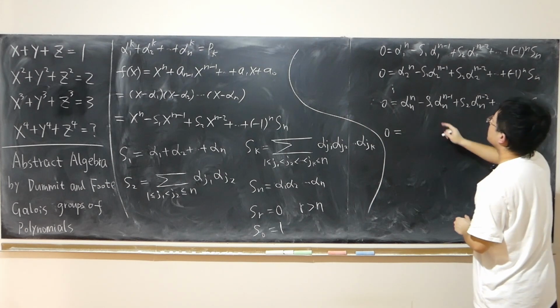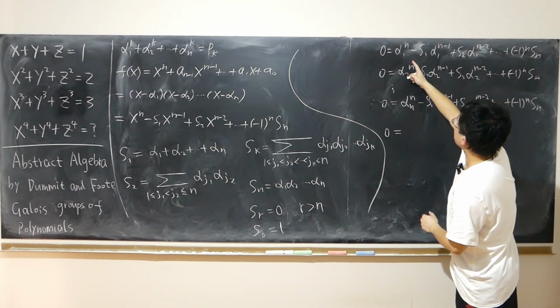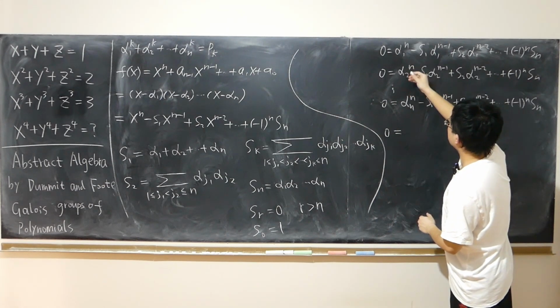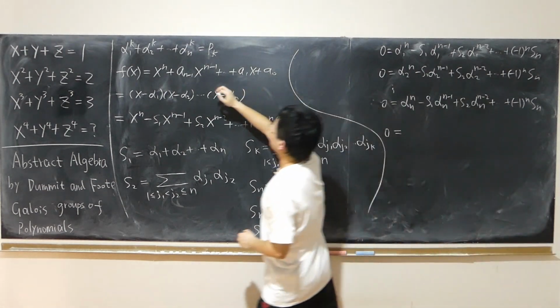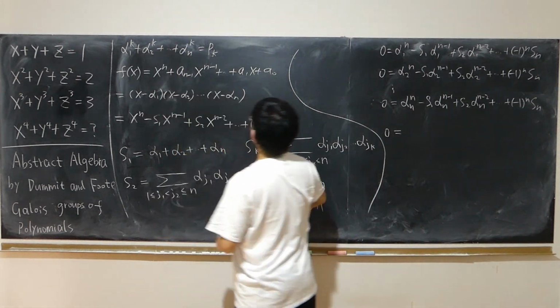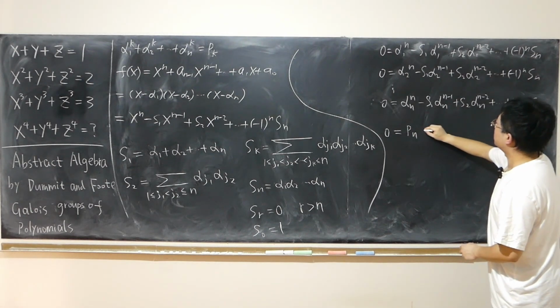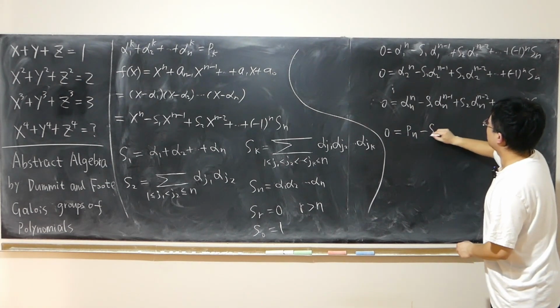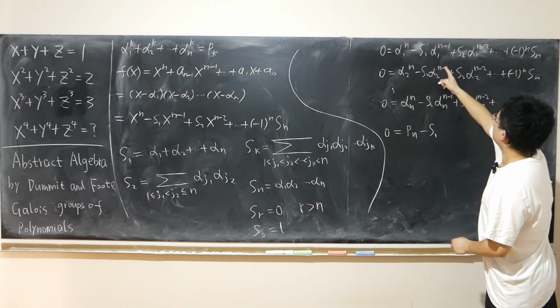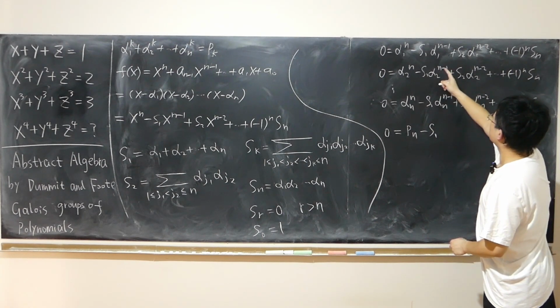0 is equal to alpha 1 to the n plus alpha 2 to the n. That's the power sum of degree n, Pn, right? And minus S1, common factor, alpha 1 to the n minus 1 plus alpha 2 to the n minus 1.